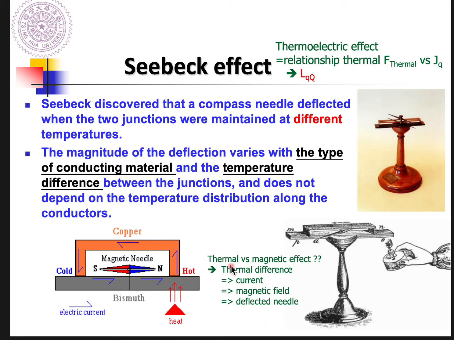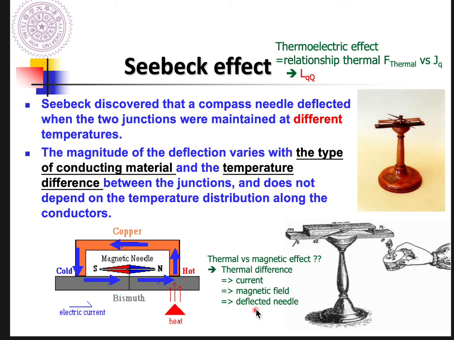So he found that there's a thermal and magnetic effect. After serious investigation, the story turned out to be like this: a thermal difference causes a current, and this current generates a magnetic field that causes the needle to be deflected.